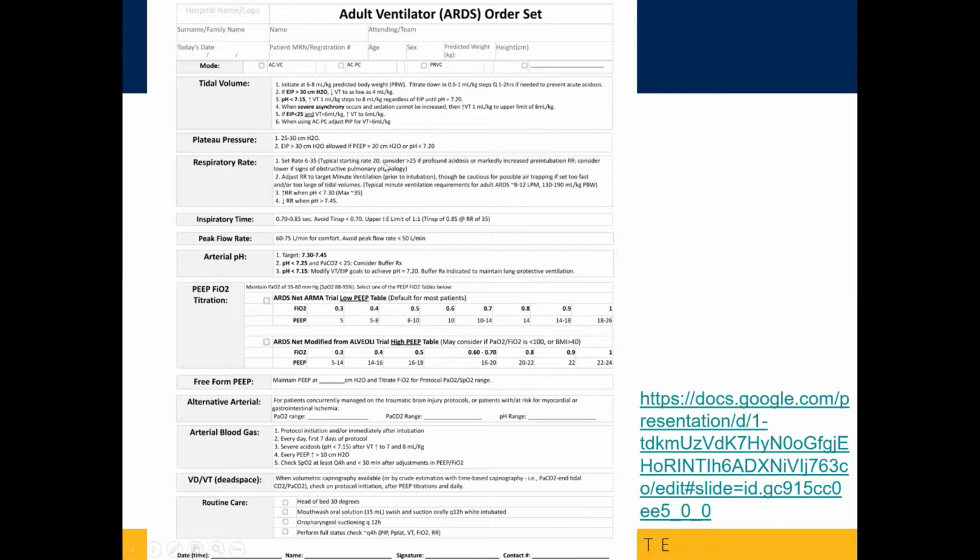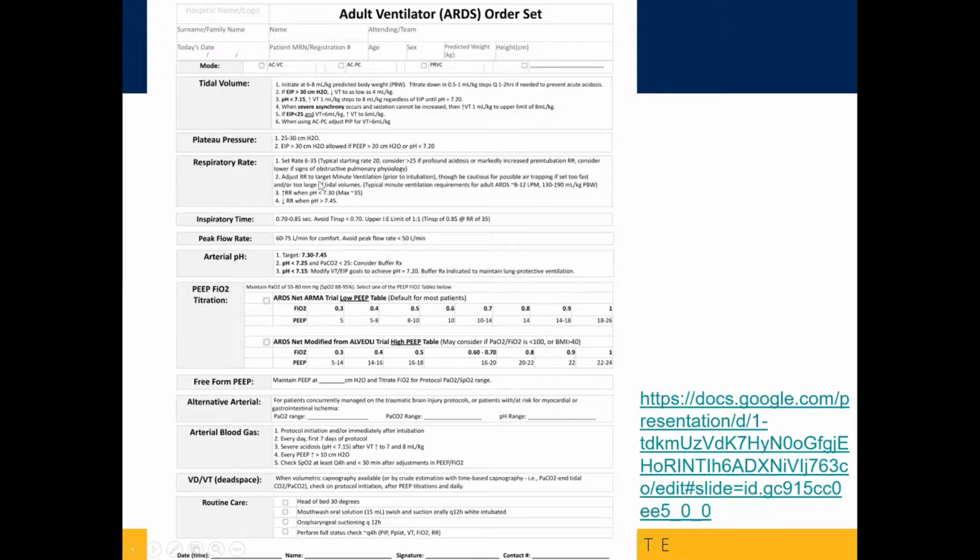And typical starting rate is 20. Consider greater than 25 if they're really acidotic, or markedly increased resp rate before you intubated them. But again, you need to make sure there's no gas trapping once you get them on.